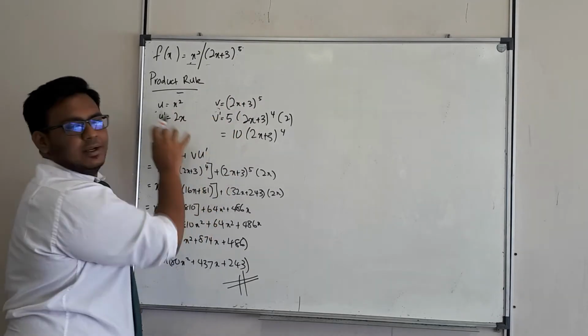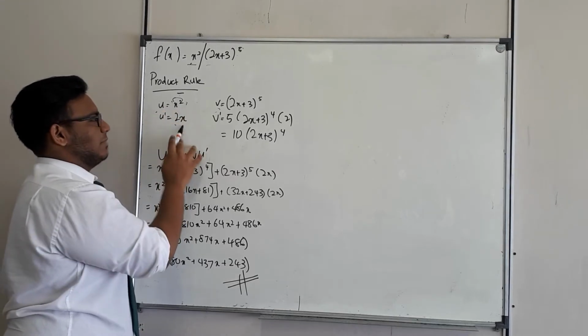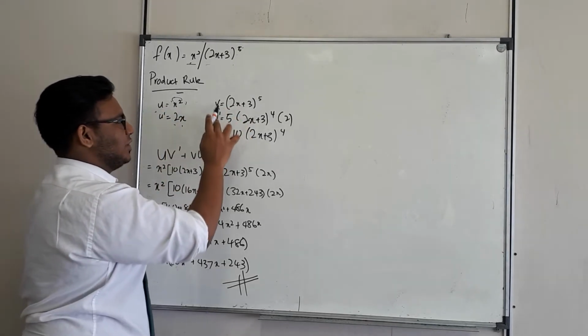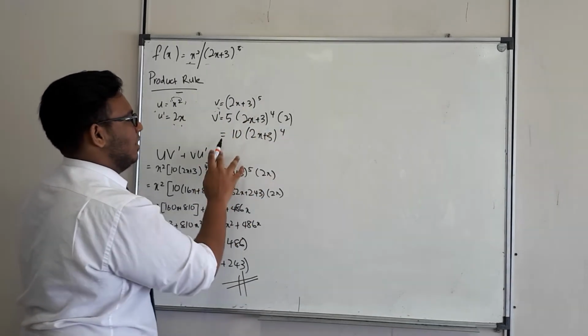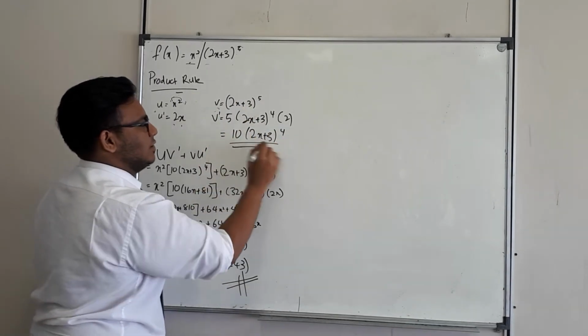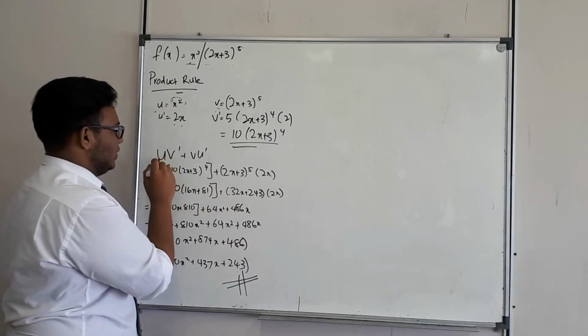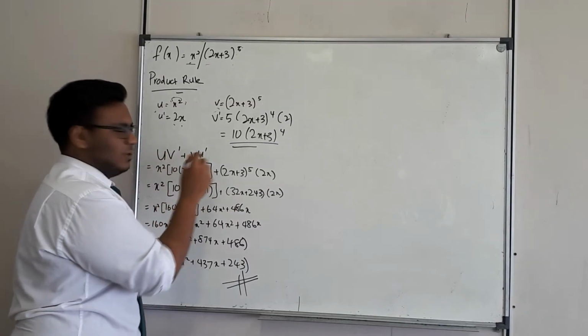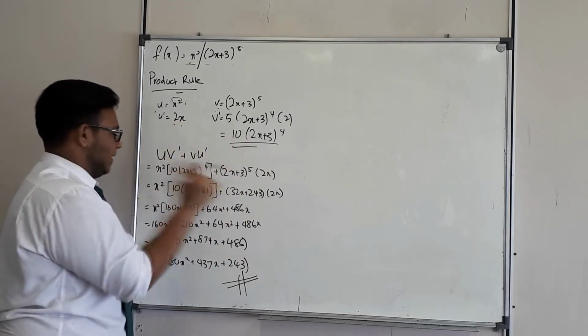So you differentiate: u prime, for 2x squared, becomes 4x. When you differentiate v, the 5 moves to the front, and then you have 2 at the back, and once you solve, you have 10 (2x plus 3) to the power of 4. So now you follow the formula u v prime plus v u prime. You just take the components and substitute in.